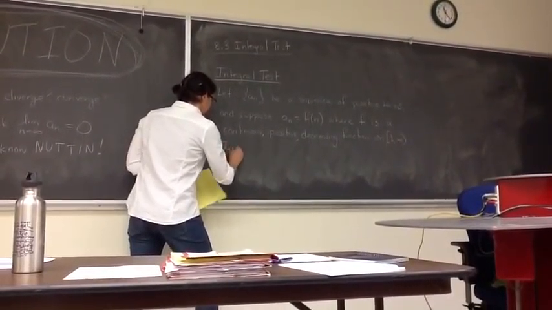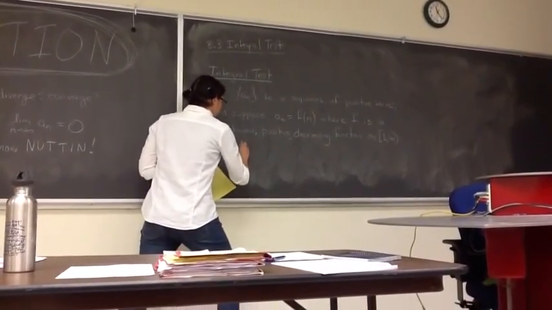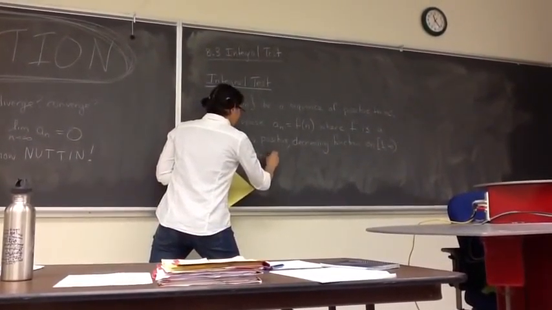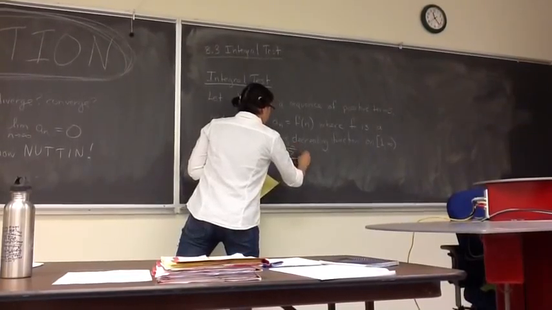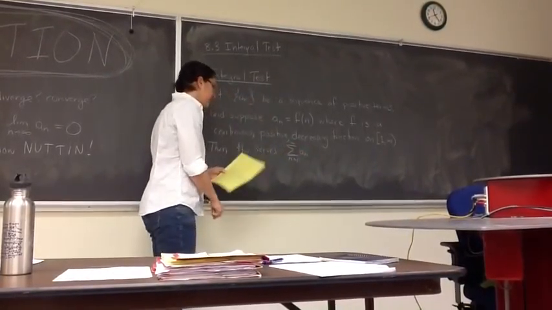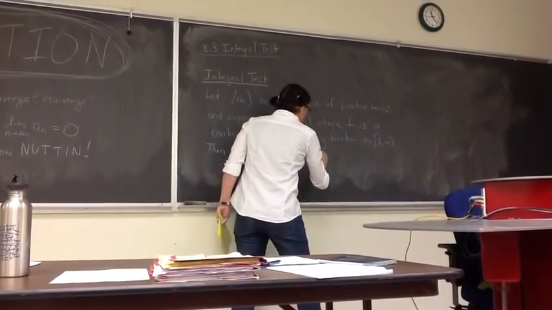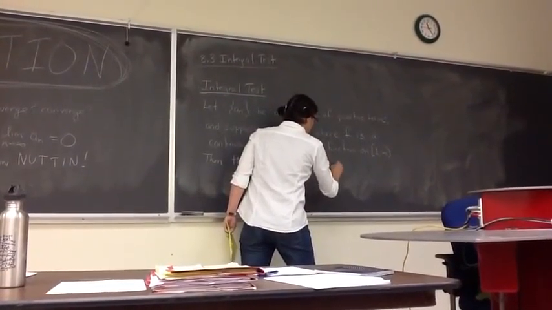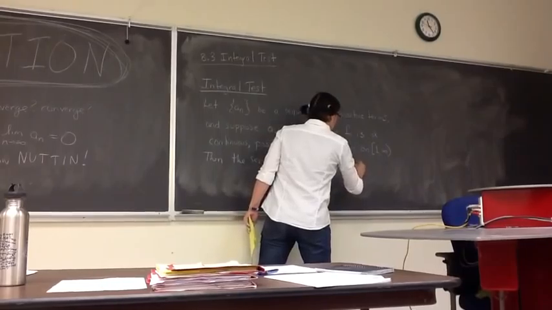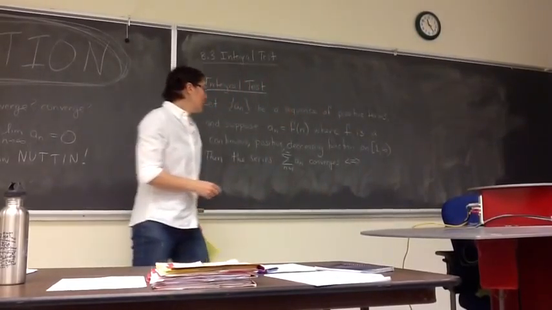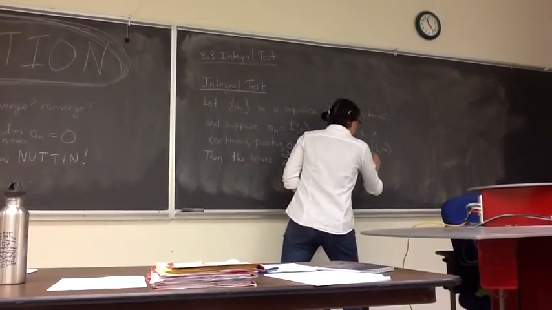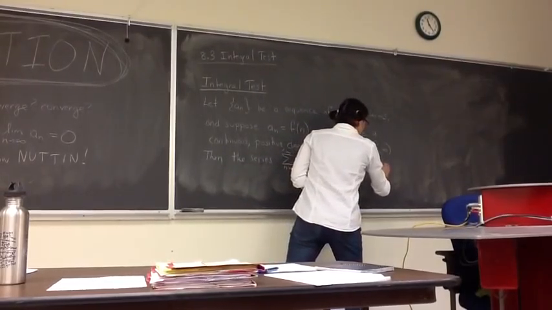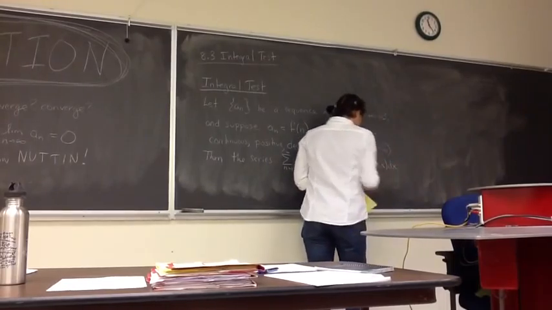Then the series, the sum where n goes from 1 up to infinity of an, converges if and only if the integral from 1 to infinity of f of x dx converges.